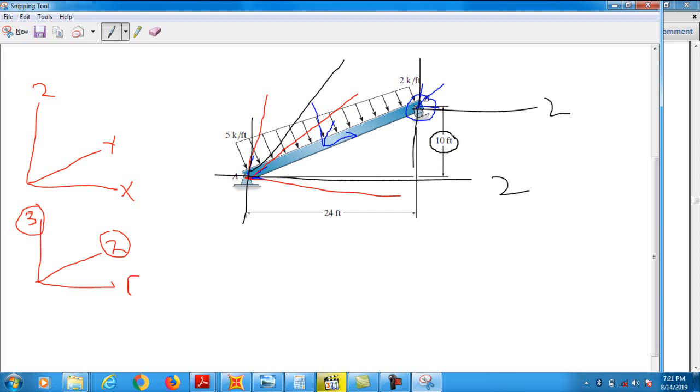So now the distance between z2 and z1 will be taken as 10 feet, and the distance between x1 and x2 will be taken as 24 feet, and the inclined length of this beam will be, using the Pythagoras theorem, you will see that the square root of 10 squared plus 24 squared comes out to be 26 feet.